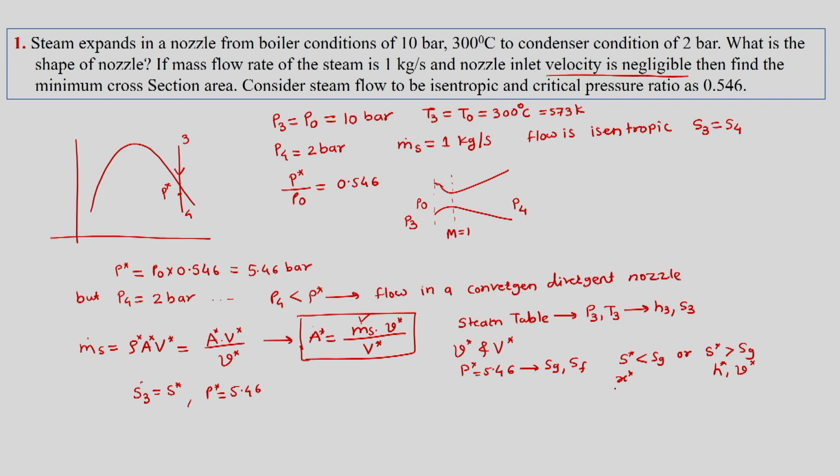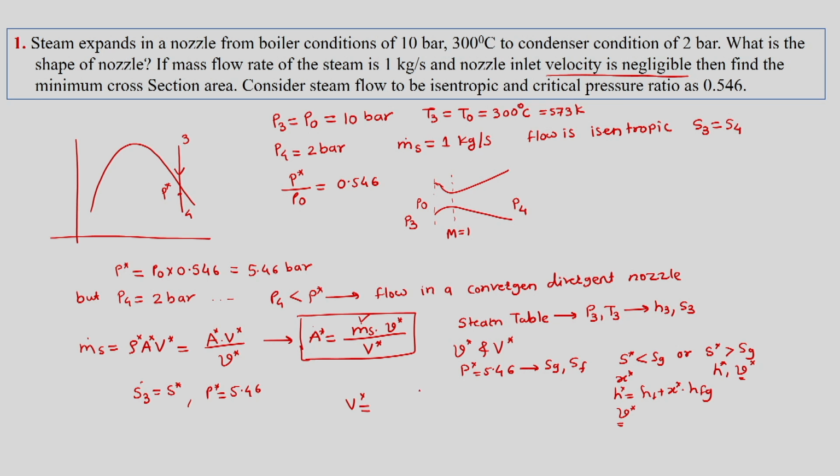From X star, we know H star is equal to HF plus X star into HFG, and then similarly we will also find out v star. By this means of calculation, we have found out v star. Now, our target is to find out velocity.